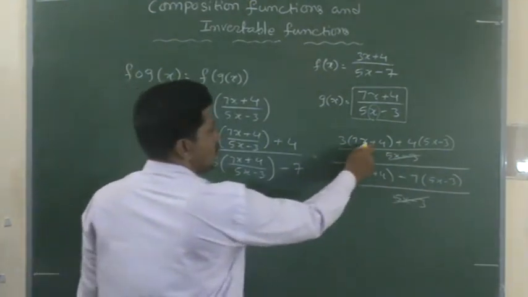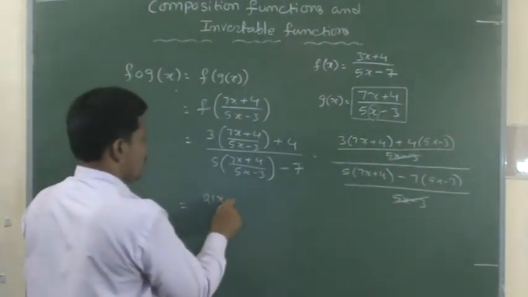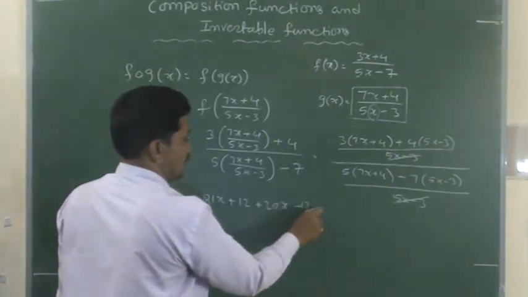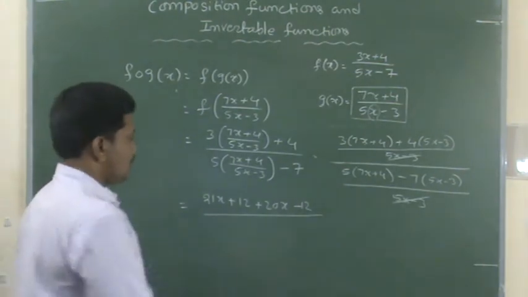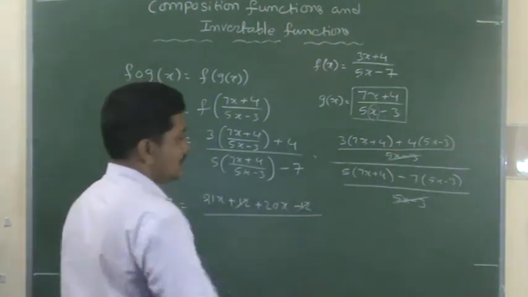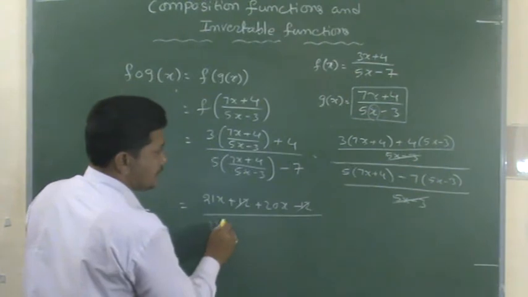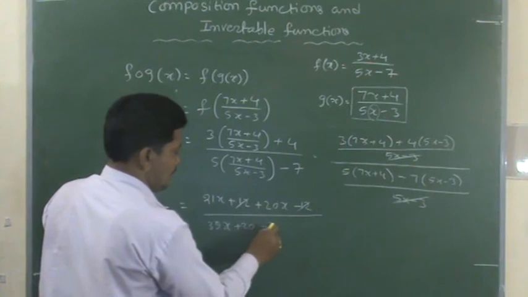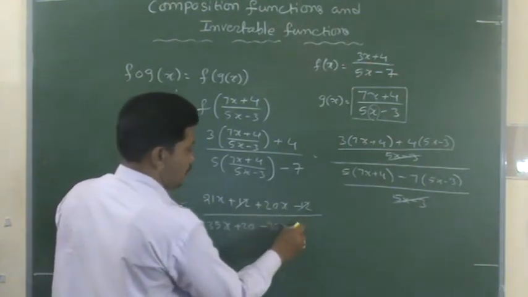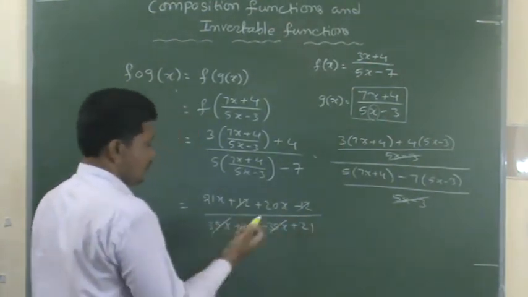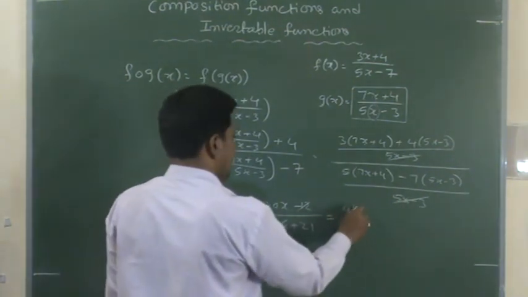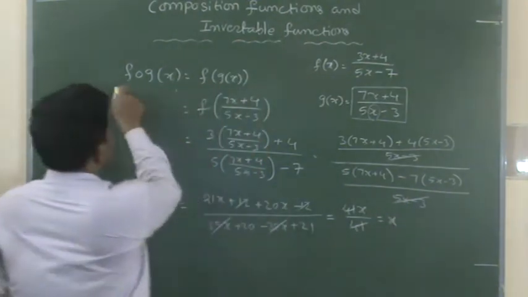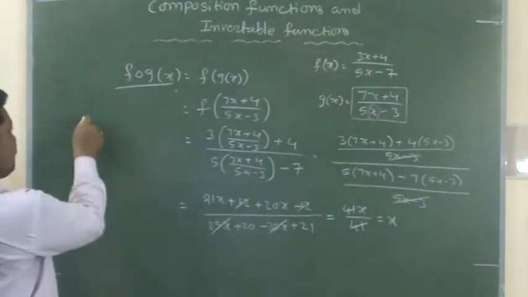Finally we get 21x plus 12 plus 20x minus 12. So the 12 cancels, right answer, no problem. And in a similar way, 35x plus 20 minus 35x plus 21. So this is also cancelled, the right answer. So 41x by 41. And in the same manner, f circle g of x is also x.